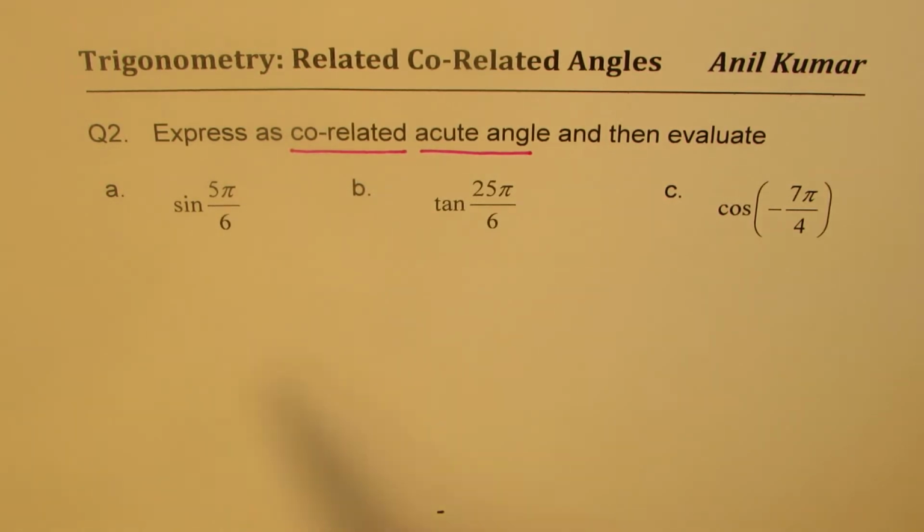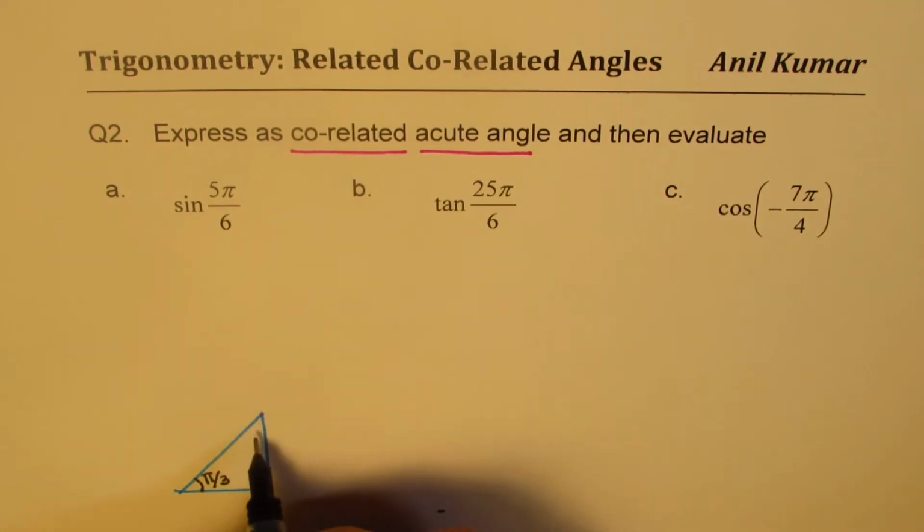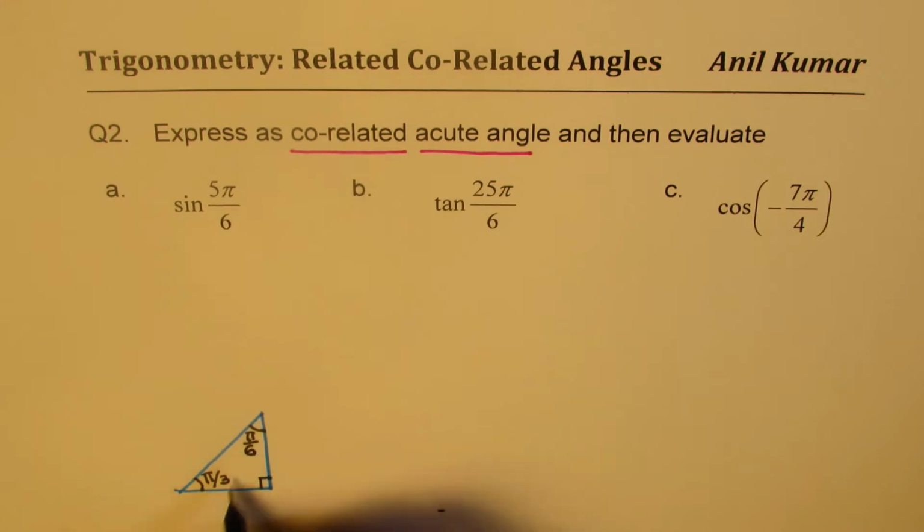Think about this. Let me make one special triangle for pi by 3, pi by 6, right? Okay. So let's say we have this triangle and this angle here is pi by 3. Then the other angle is pi by 6, correct? Their sum has to be pi by 2, correct? Okay.